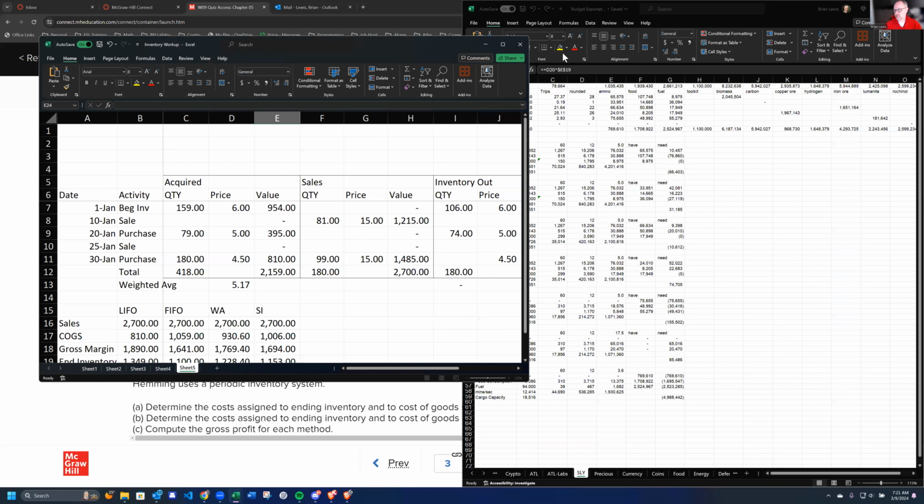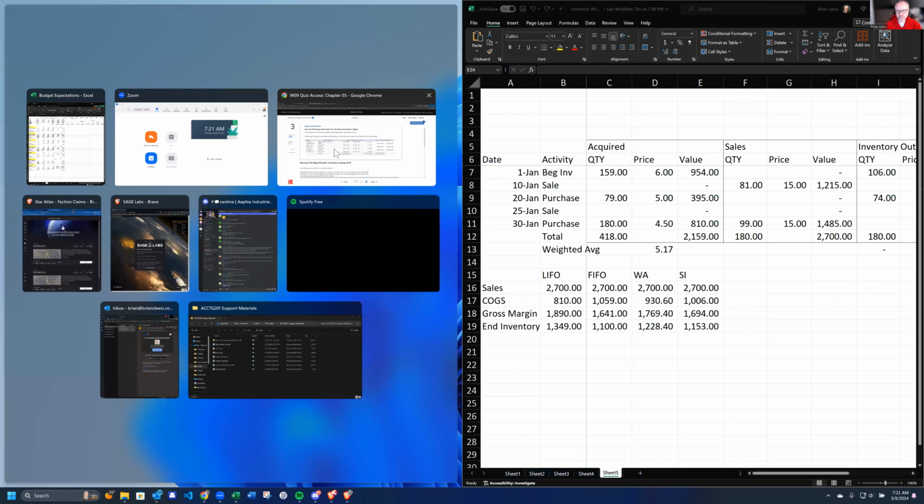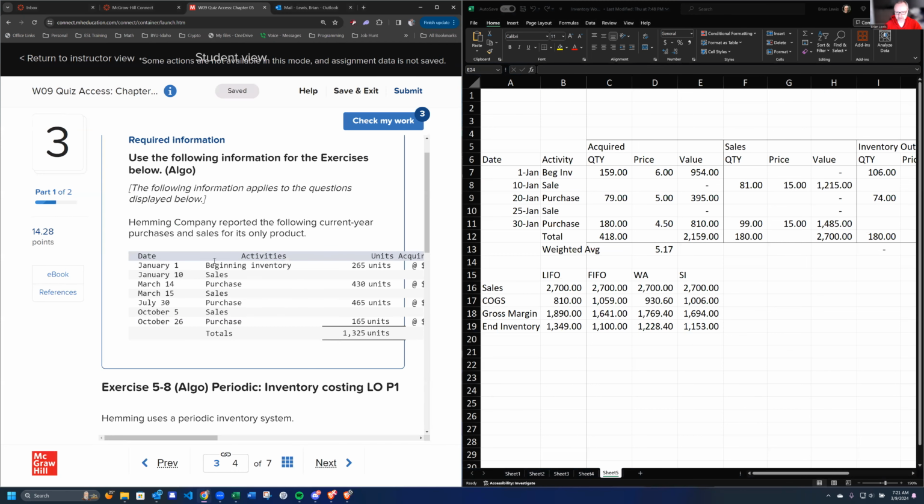Okay, so I'm going to use one that I've already done. Sorry. Let's see what we got here. So we've got 3 purchases. Actually, I could probably just create a few lines in here. Yeah, why don't we just use this one since it's got all the other information in here as well.